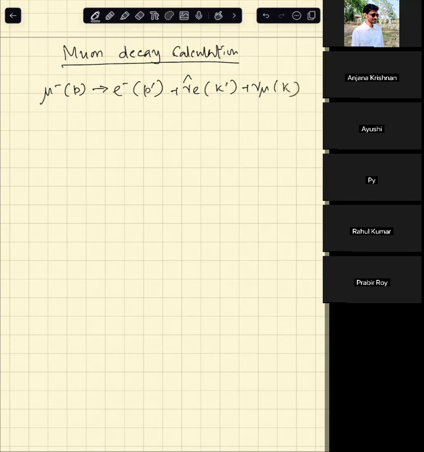Okay, so this is the process that we want to look at. Now, before the discovery of the Standard Model, how this process was computed was using the 4 Fermi theory.